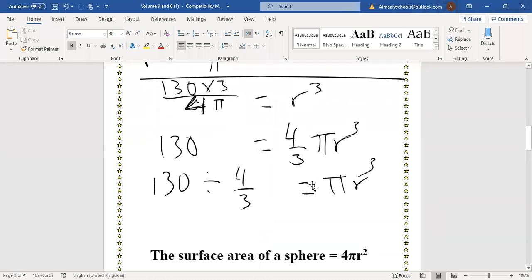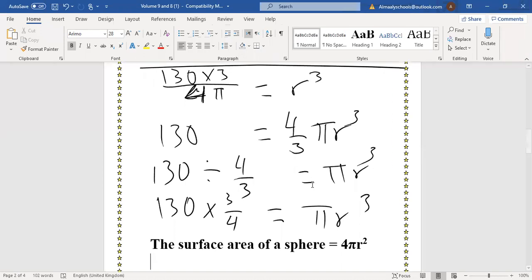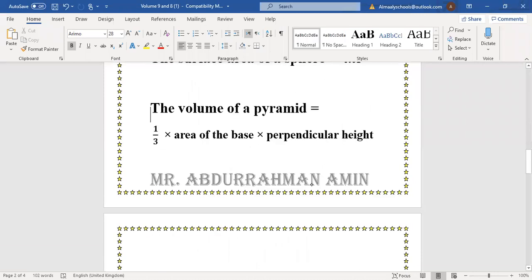So divided by 4 over 3 means multiply by 3 over 4. Dividing by a fraction means multiplying by the reciprocal of the fraction. If the fraction is 4 over 3, the reciprocal will be 3 over 4. Any problem? Okay. So this will be pi r cube, and now you can divide the answer by pi. Then find the cubic root of the answer.